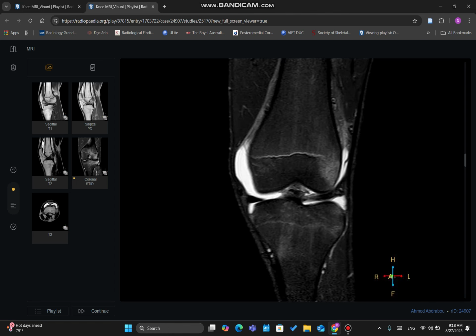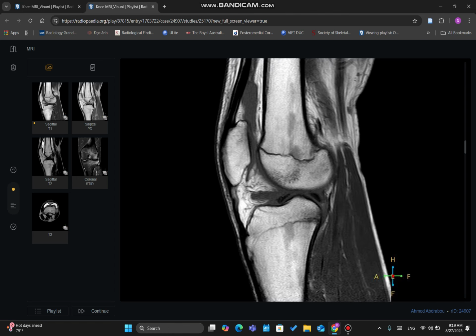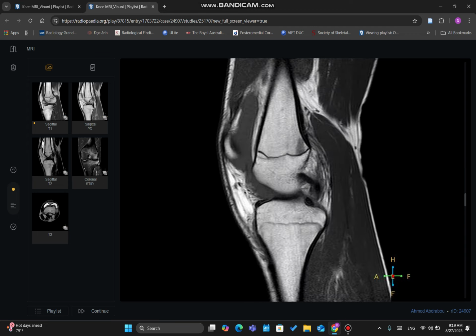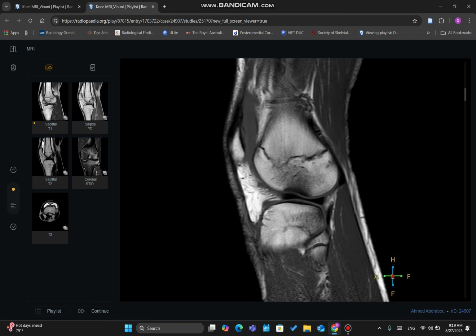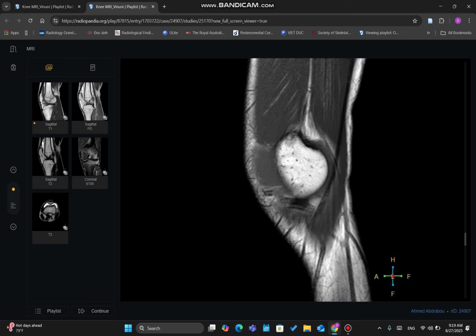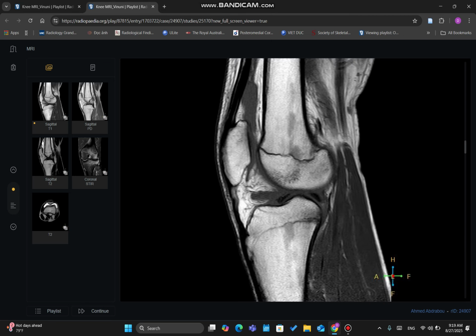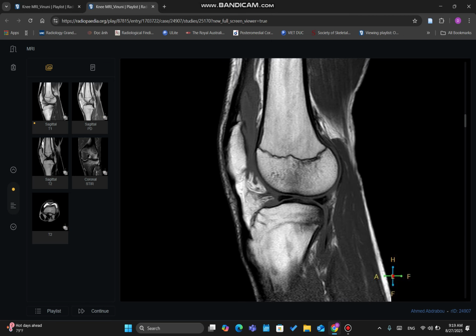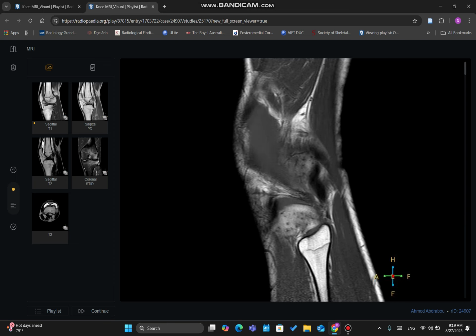If there is anything wrong with the signal of the bone marrow, for example, in this case, you can see several slightly focal hypointense regions in the lateral epicondyle, in the medullary part of the femur. It may be the site of lesions.